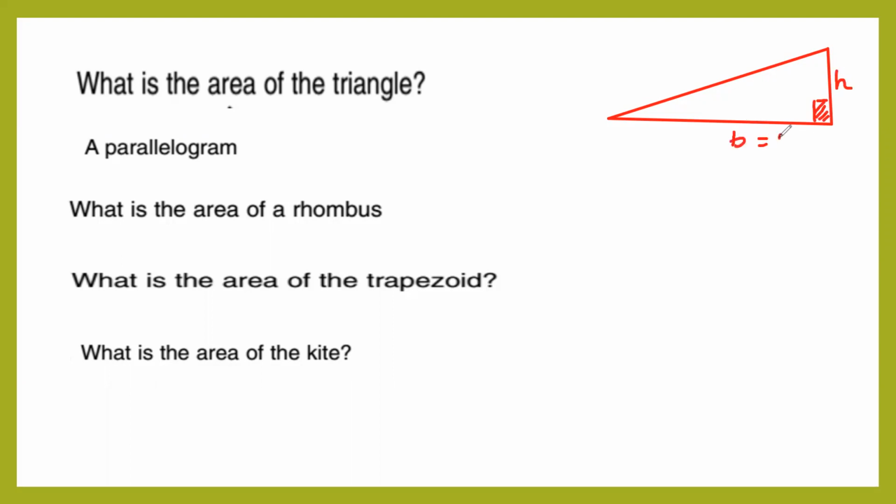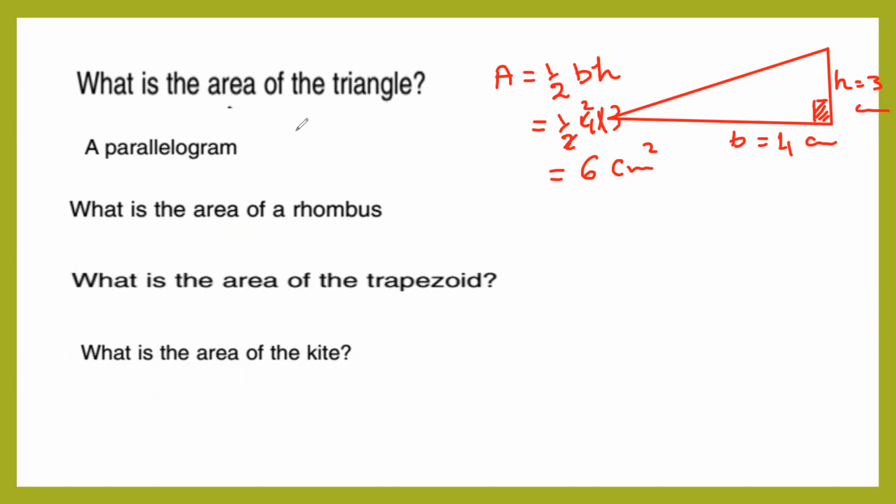If the base is 4, and the height is, for example, 3, the area is half 4 times 3, which is 2 times 3, which is 6, so 6 centimeters squared or inch squared or whatever.